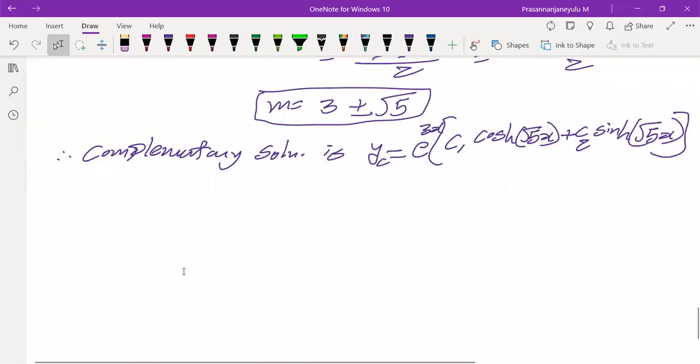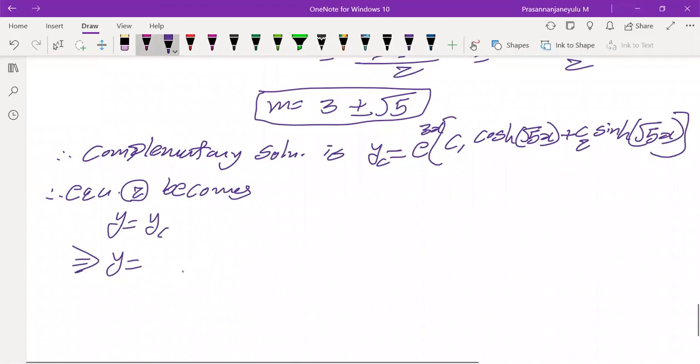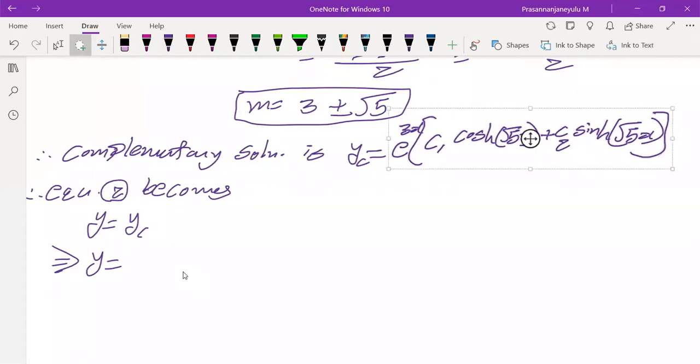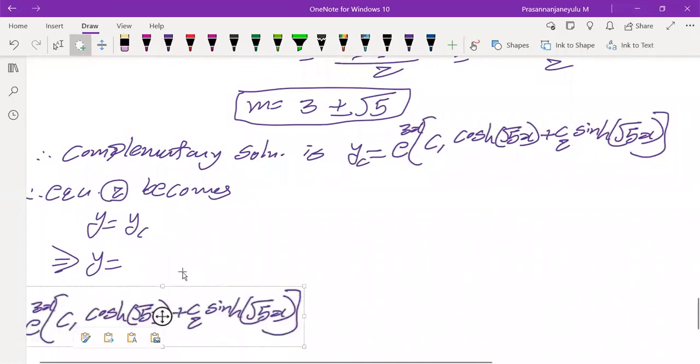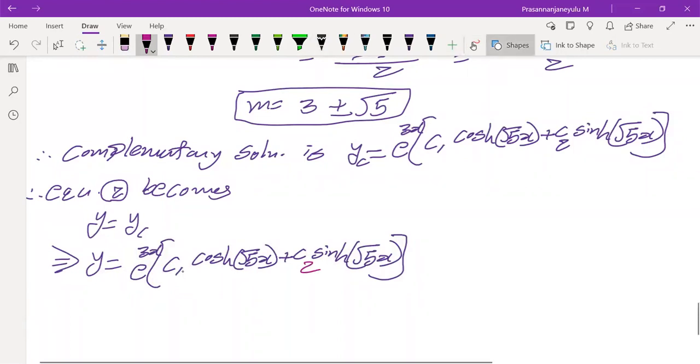Therefore, equation 2 becomes y equals yc implies y equals e power 3x into c1 cosh root 5x plus c2 sinh root 5x, which is the general solution of our differential equation. So this is our general solution of the given differential equation.